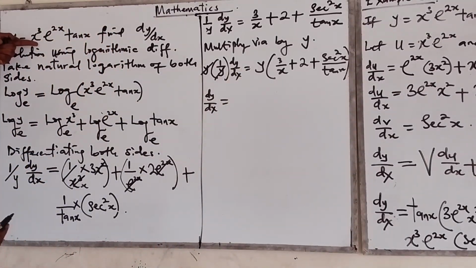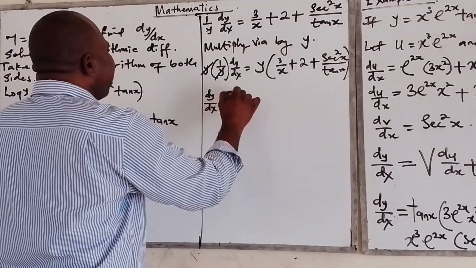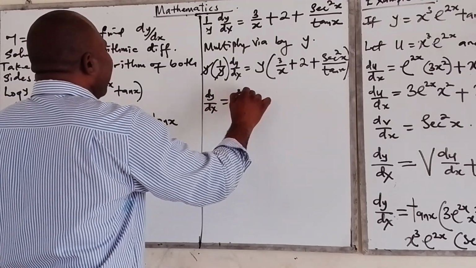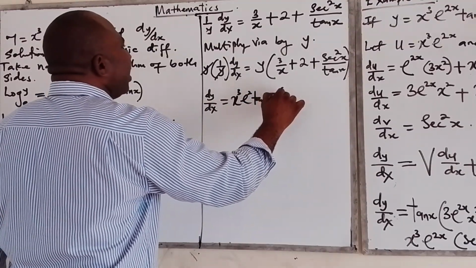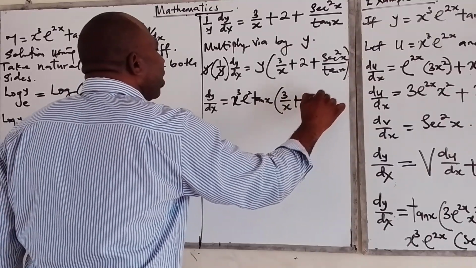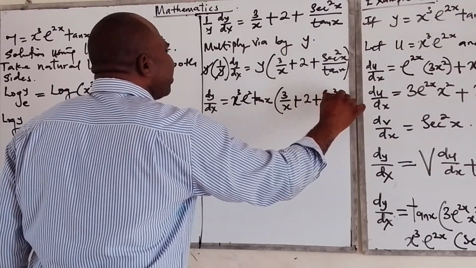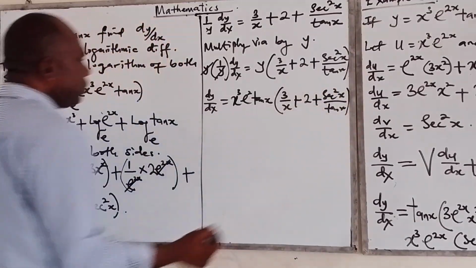Remember the value of y is x raised to the power of 3, e raised to the power of 2x, tan x. So now here we have x to the power 3, e to the power 2x, tan x as the value of y, and here we have 3 over x plus 2 plus sec squared x over tan x.